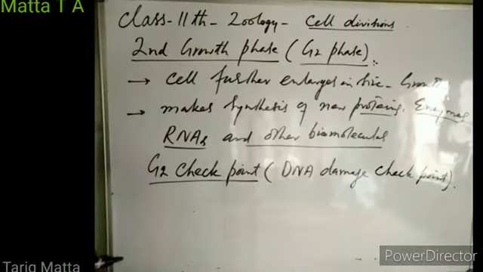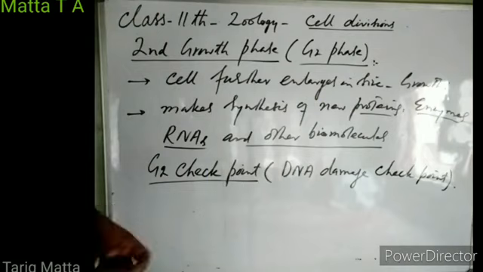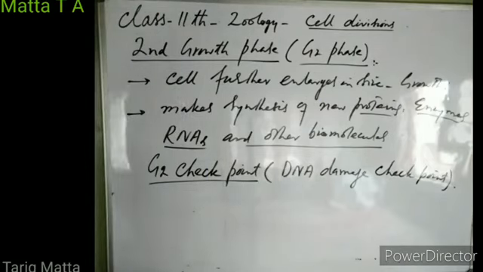So the cell is now getting ready for entering into mitotic phase or meiotic phase. Before it goes into mitotic phase or meiotic phase, it is ensured that the cell has normal DNA content in it. During the process of replication, there was no damage caused to the DNA, right?